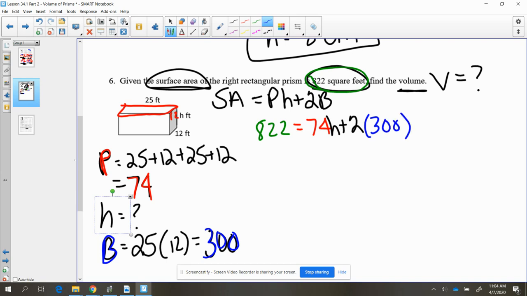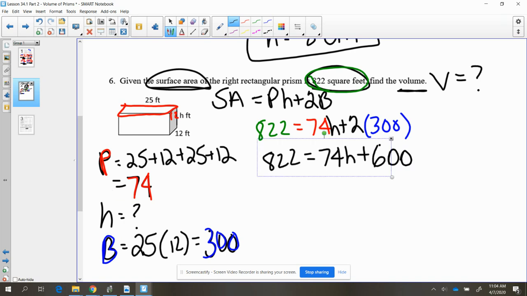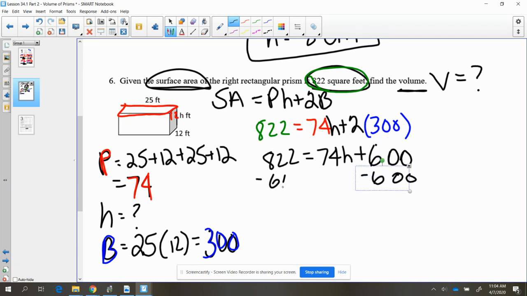So we can start solving now for h by simplifying some math. So we have 822 equals 74h plus 2 times 300, which is 600. And then we're able to start isolating for h. So we're going to subtract away the 600 from both sides.